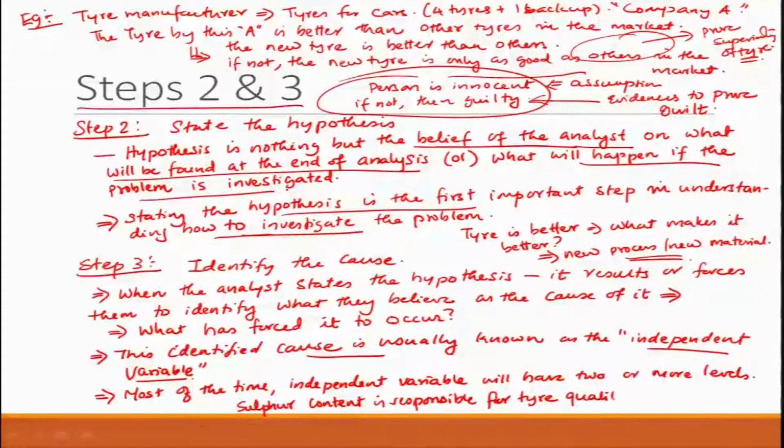If that is the case, then you can say that the sulfur content can be 5%, 10%, 15%, something like this, and one of the settings, along with some other values, will give you the good quality tire. So what percentage of sulfur is in the rubber is what actually determines the tire quality. The sulfur content is the independent variable, and these 5, 10, 15% are what we call the levels of the independent variable. Hope you understand this, and now we will move to step 4 and 5.